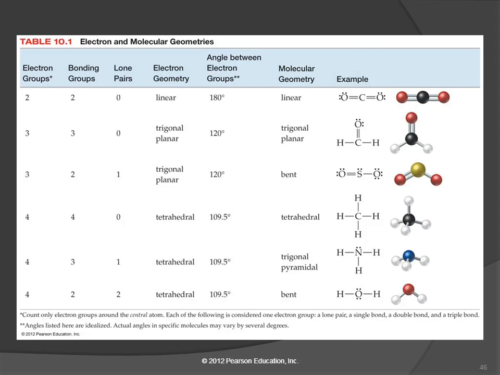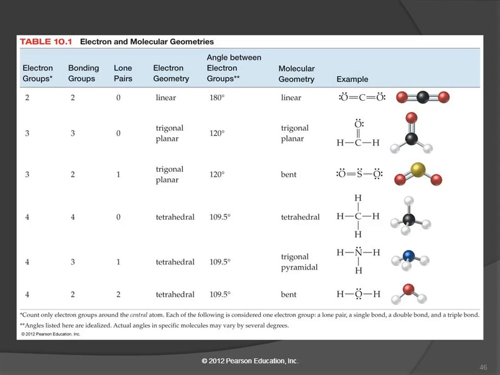So here's a table which you may find very helpful as you're doing homework. Feel free to use the table starting out, but then wean yourself off of it. This is one of those subjects where I think if you think about what's going on, you have a central atom and you have electron groups, and then you're asking yourself, well, how many electron groups are there?